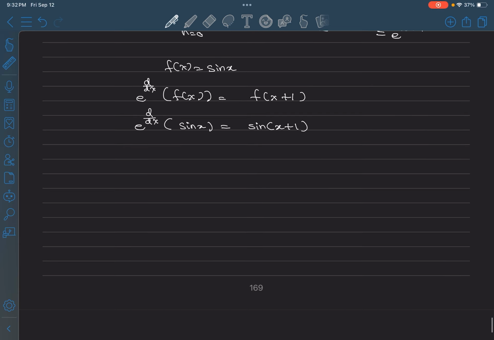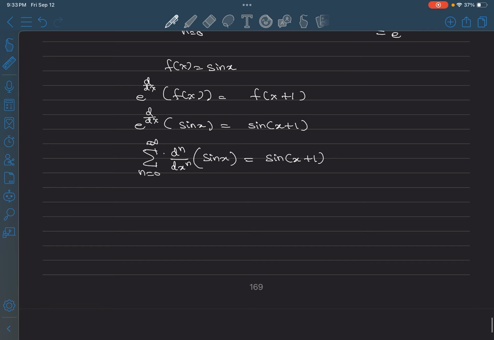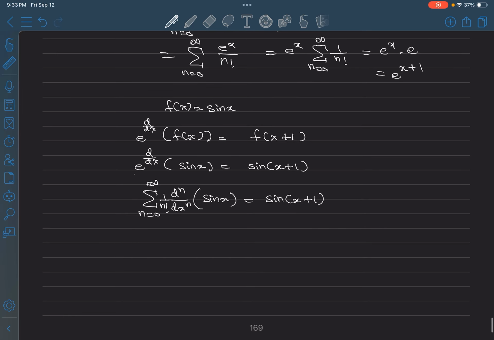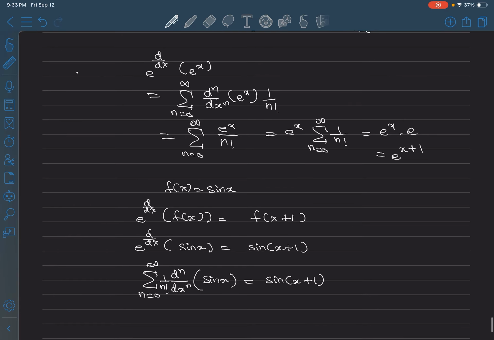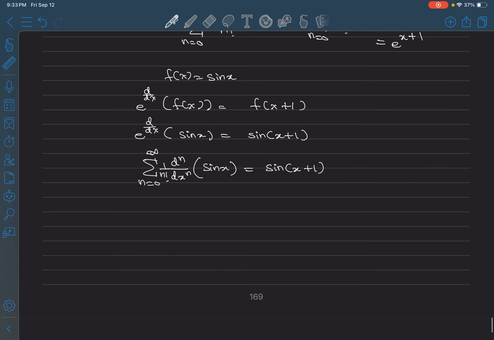And then if we use the definition again of e to the power d/dx, this is just the sum from n equals 0 to infinity of the nth derivative of sine x, which equals sine of x plus 1. And we also have 1 over n factorial, I forgot that, because e to the power d/dx is the nth power divided by n factorial, right?